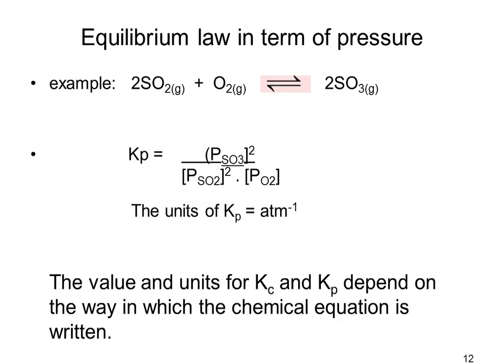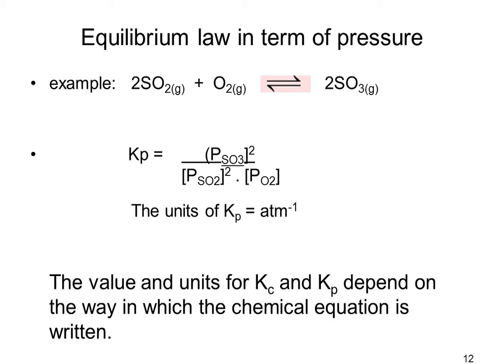Equilibrium law in terms of pressure. Let's see one example here. The reaction between SO2 and oxygen to produce SO3. The equilibrium constant for this reaction is Kp, where P stands for the gas pressure.